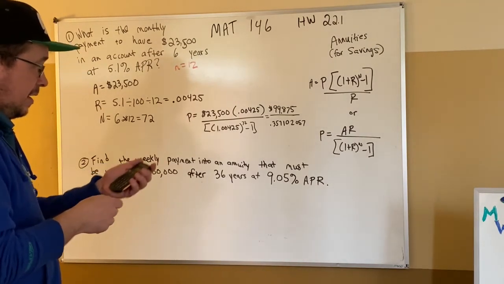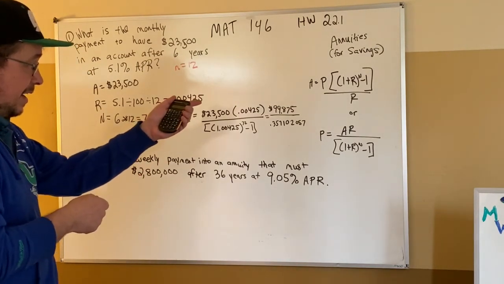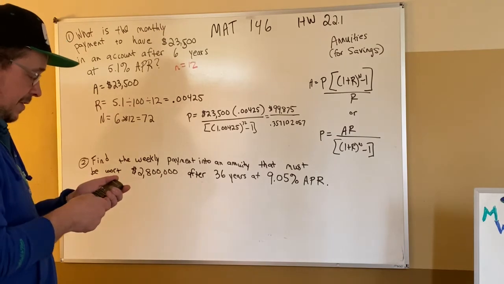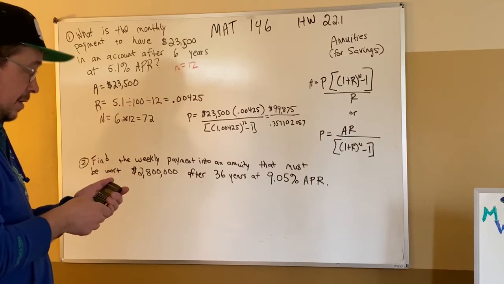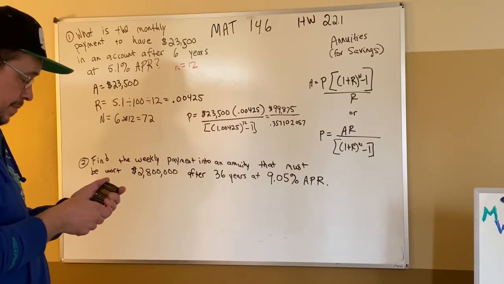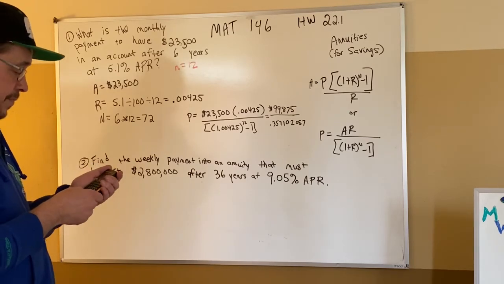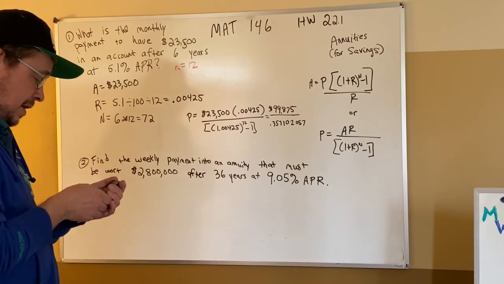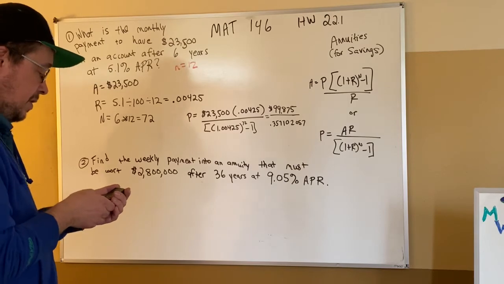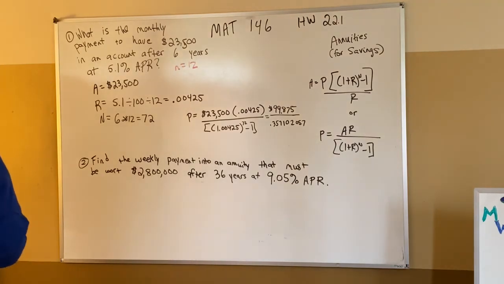So I'm going to go ahead and take the 99.875 and divide by the denominator. And come out of here with 279.681.